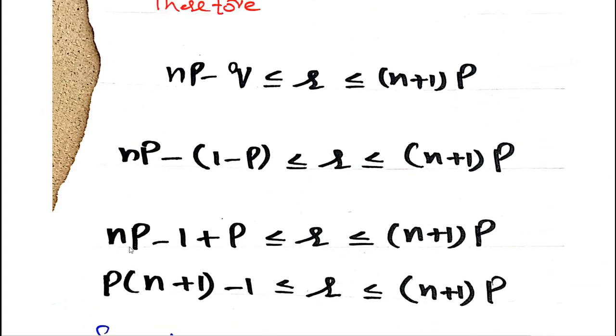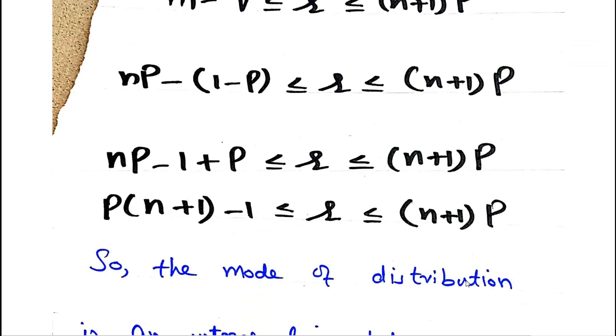Solving this, q plus p is equal to 1. So q is equal to 1 minus p. We write here 1 minus p. Np minus (1 minus p), that is np minus 1 plus p, less than or equal to r less than or equal to (n plus 1) p. Taking p common from both terms, (n plus 1) p minus 1 less than or equal to r less than or equal to (n plus 1) p.